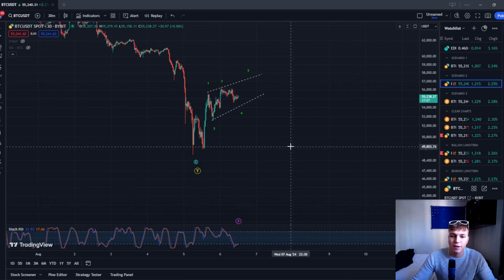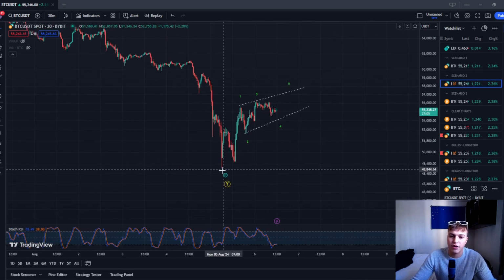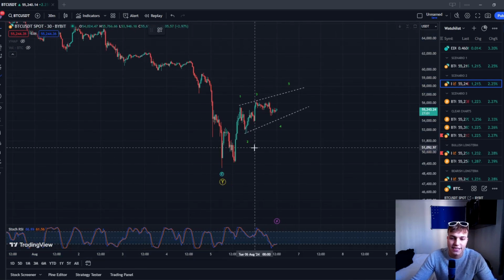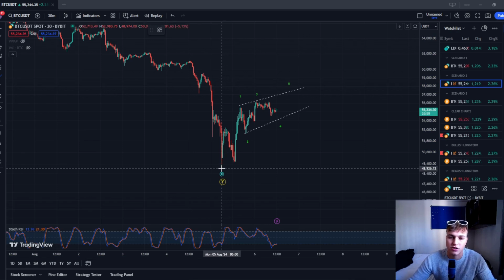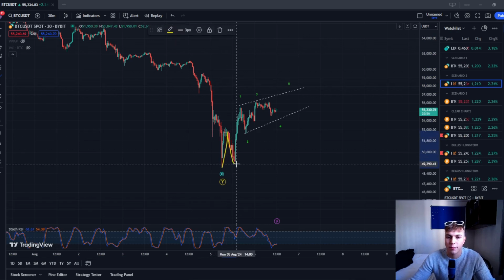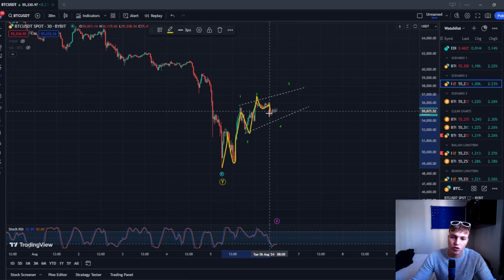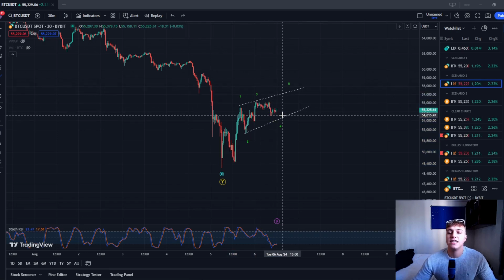Now, there's been lots of overlap in this 30-minute time frame from where the low has been made. This is also a very deep wave 2 if you were to count it that way. 1, 2 coming very deep, 3 overlap in 4, 5 multiple overlap here. It's not very pretty for an impulse to the upside like we would want to see.